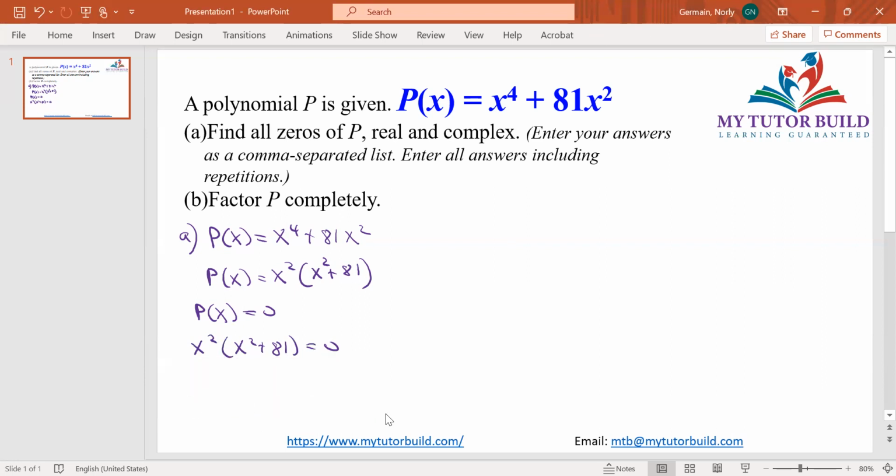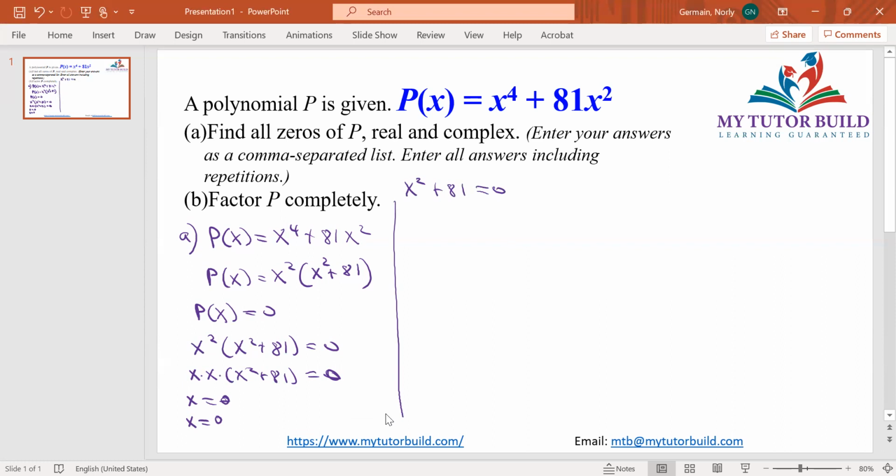It's the same thing as having x times x times x squared plus 81 equal to 0. So you can see that you have x equal to 0, that's the first one, and the second one is x equal to 0.